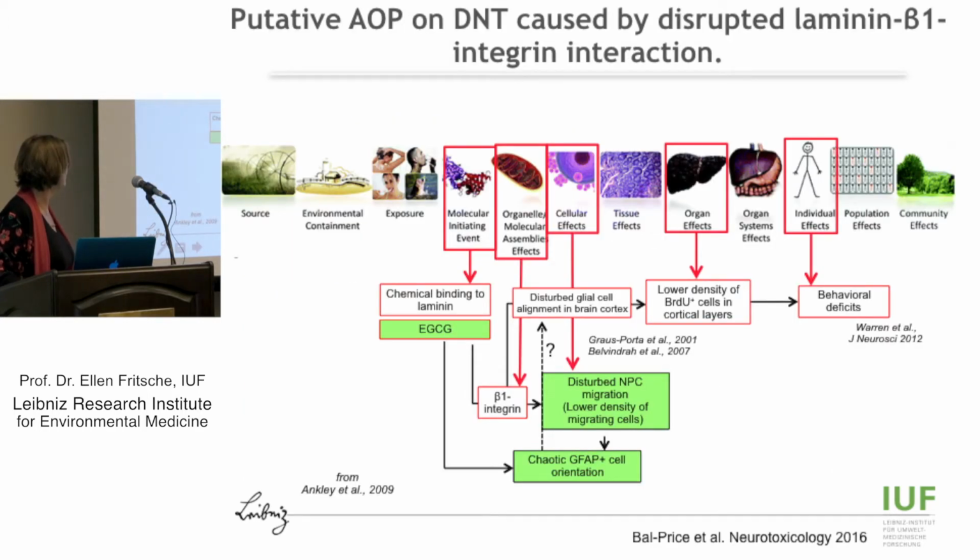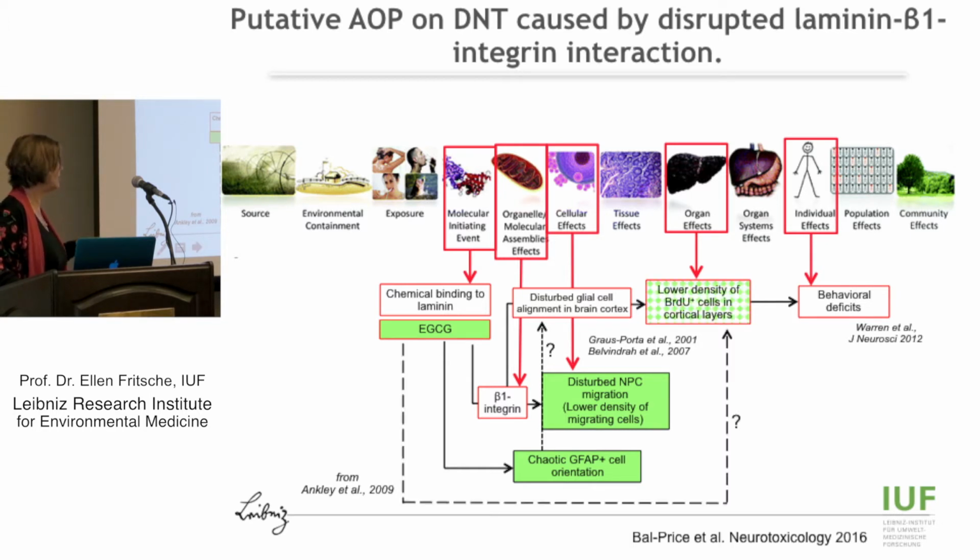So we found in vitro that the EGCG leads to a chaotic GFAP cell orientation. Whether this would result in a lower density of BrdU cells in cortical layers in vivo, of course we don't know. We just have the idea that what you see in the knockout animals is somewhat similar to what we see in vitro.